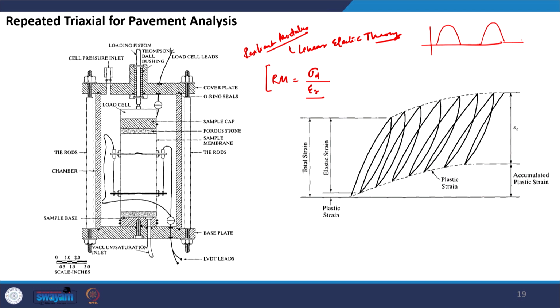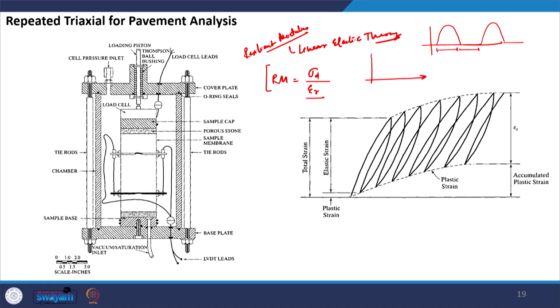So there is a duration of loading and a duration of rest period, and as the load repeats, we try to see the response of the material. In the repeated triaxial test, we see the response in terms of how the strain varies with time or with the number of load repetitions.